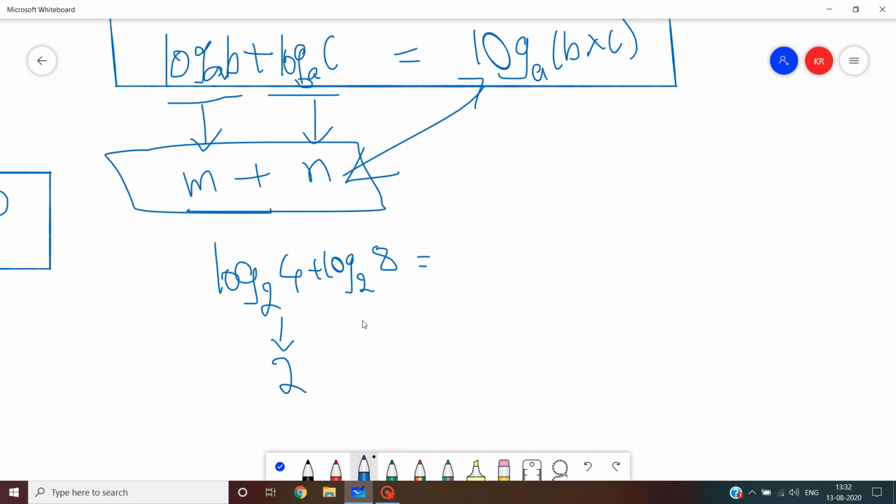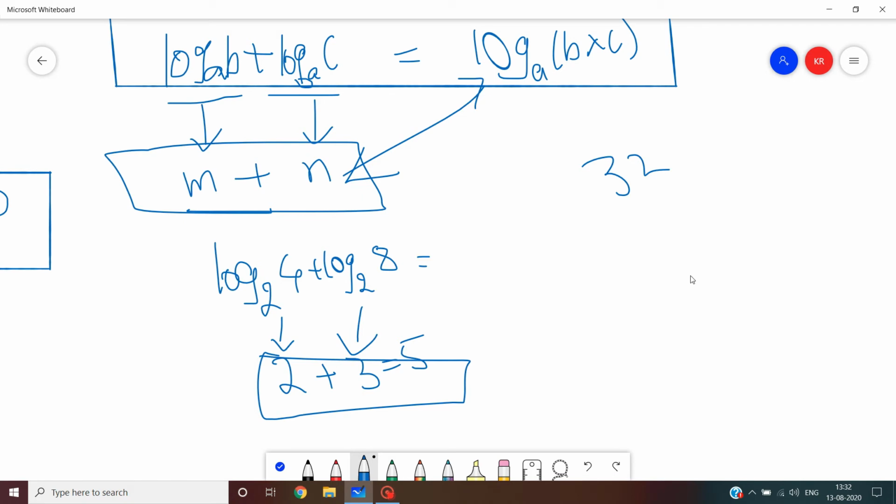With a growth rate of 2 and getting 8 as my final result, it will take 3 years. So I have to add here, and my final power will be 5. So my result will be 32, right? With the growth rate of 2, 2 power 5 will be 32.